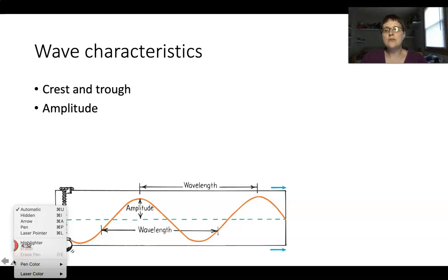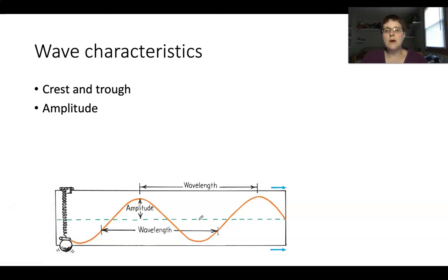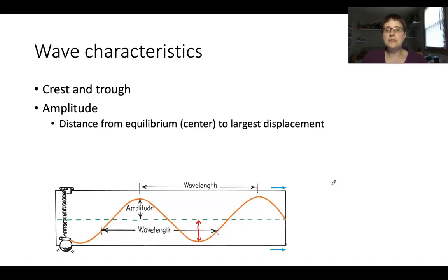Or we could also draw the amplitude from the midline to the lowest point of the trough. So you can go either way and measure the amplitude. And amplitude, there you go, distance from equilibrium to the largest displacement.